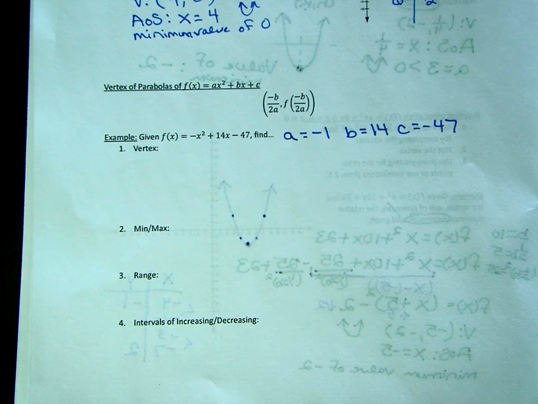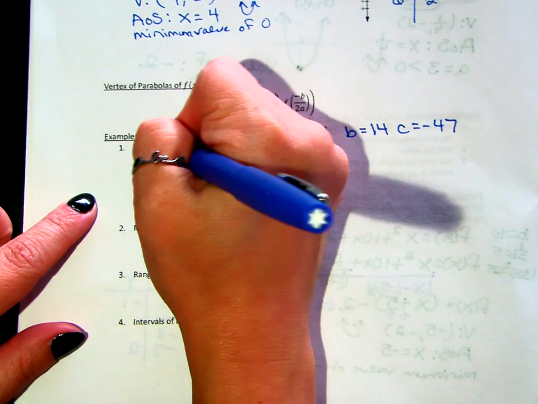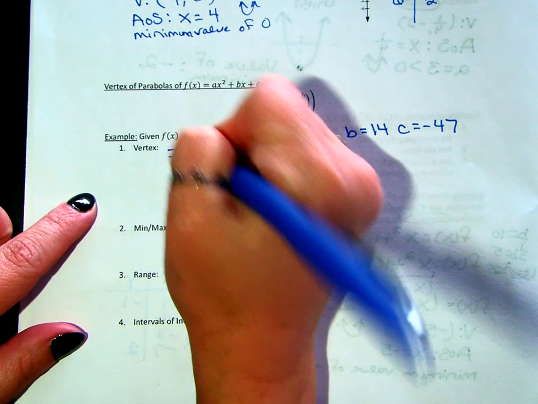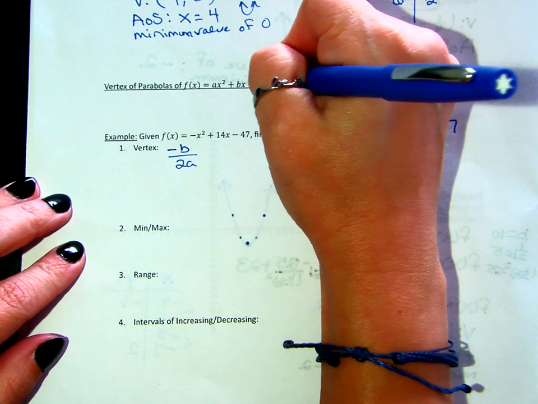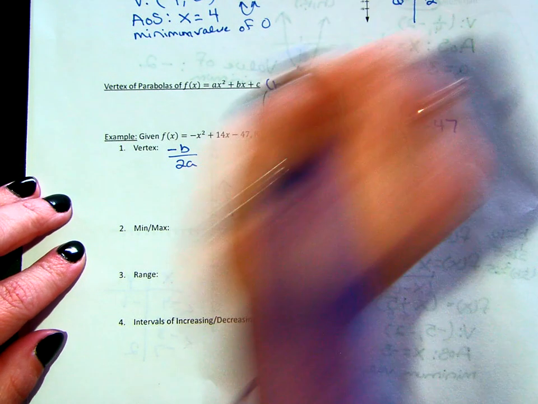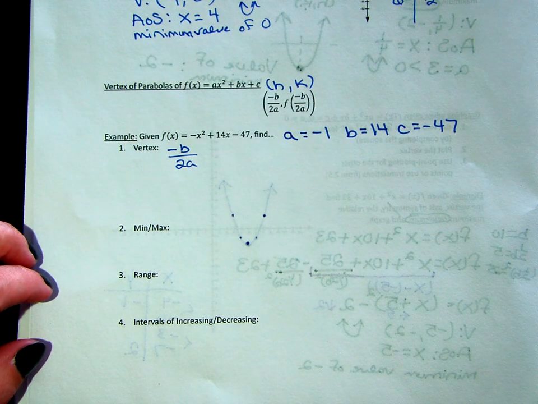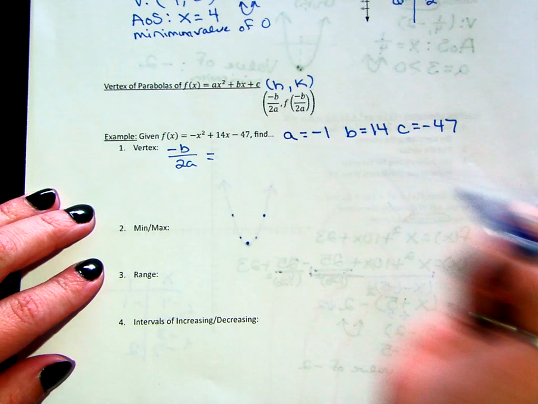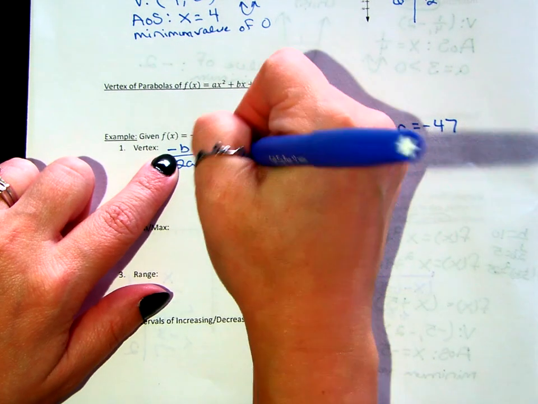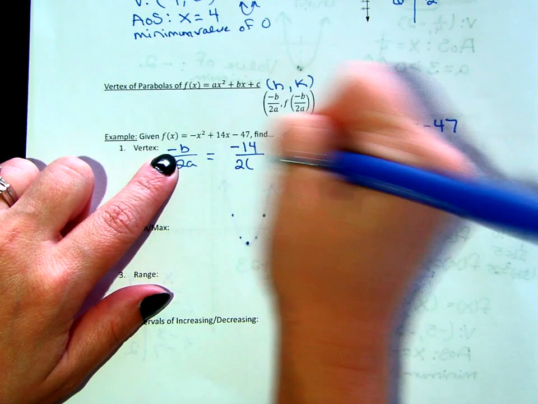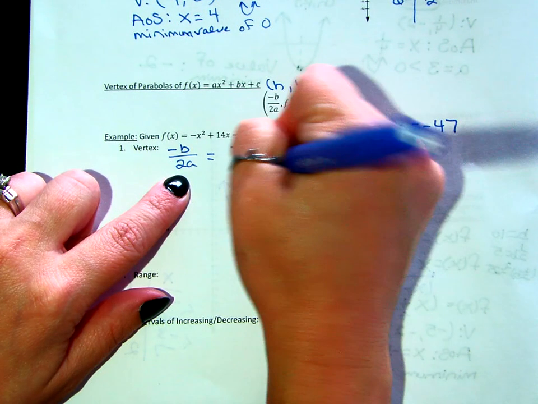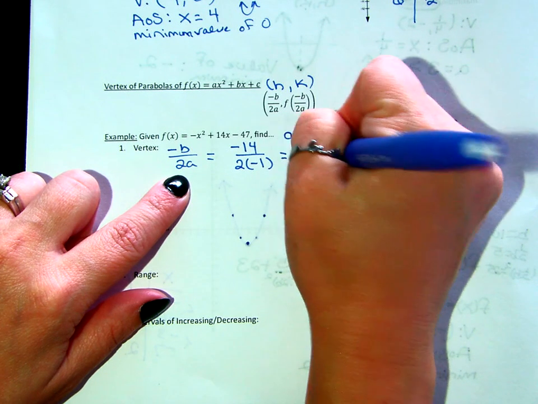And the first thing I need to find is my negative b over 2a. That's my h value. So negative b would be negative 14 over 2 times my a, which is negative 1. Negative 14 over negative 2 will give me a 7.